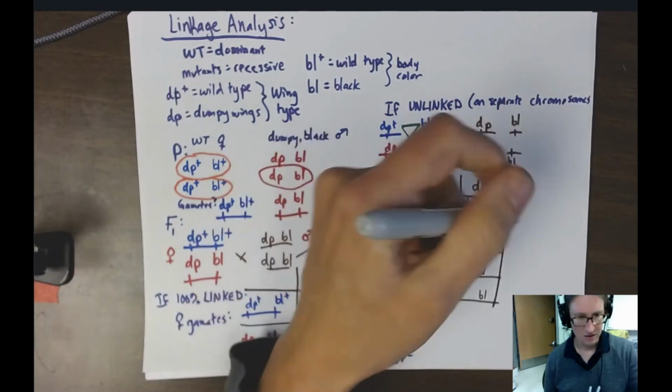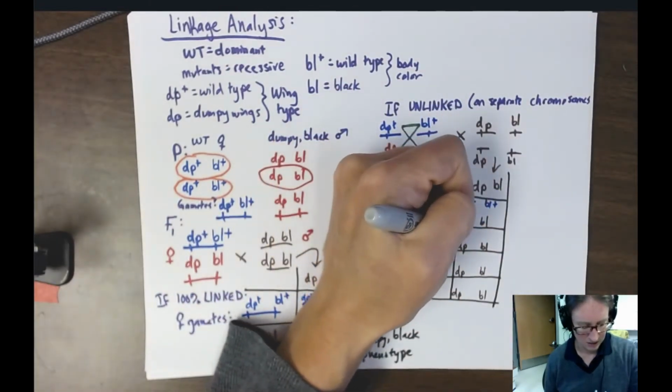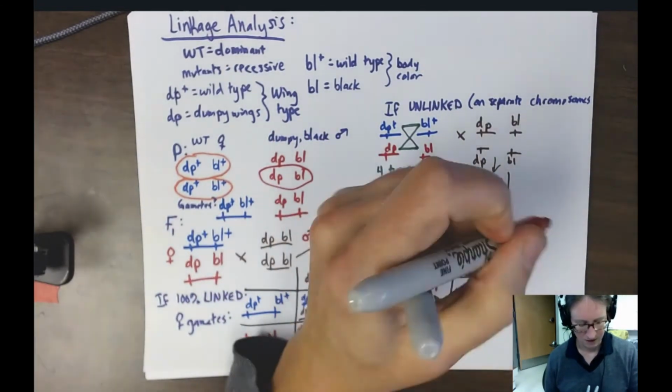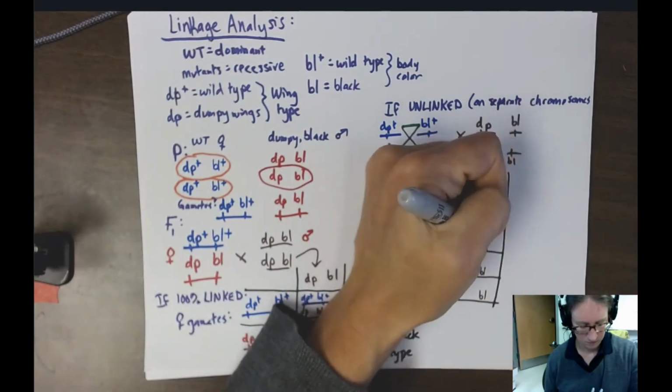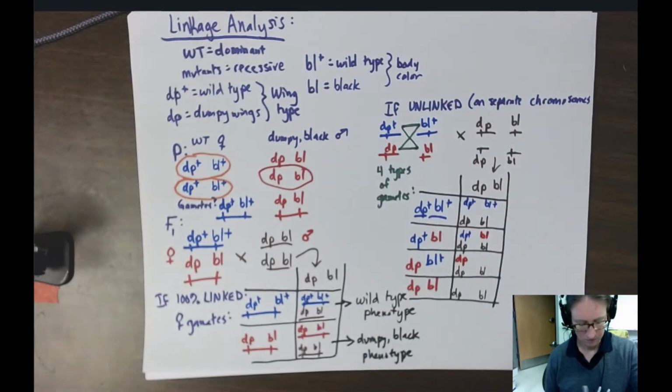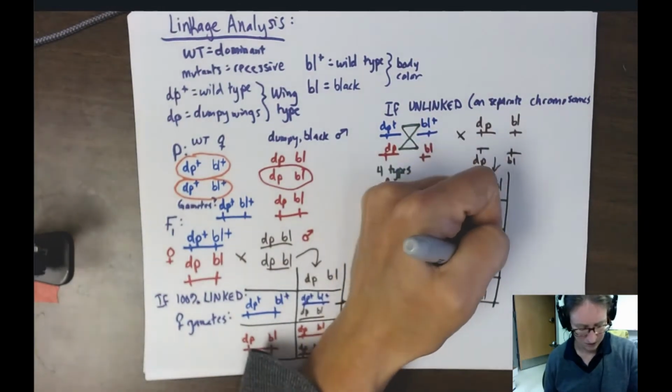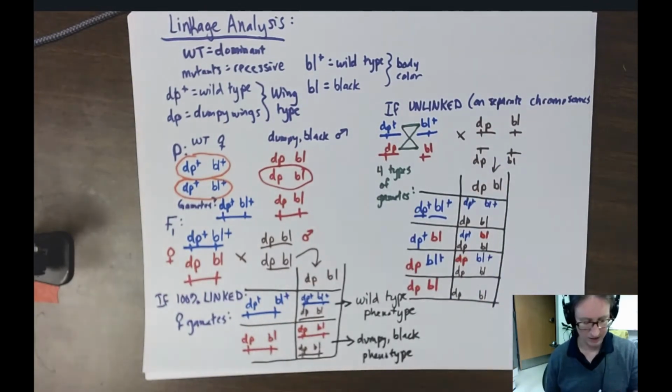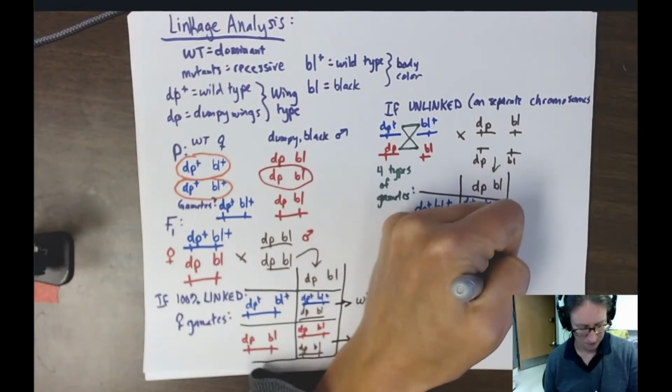Right, and so then the pattern here, so this is going to be DP+ BL. Here we've got DP, BL+, and last but not least, DP, BL.